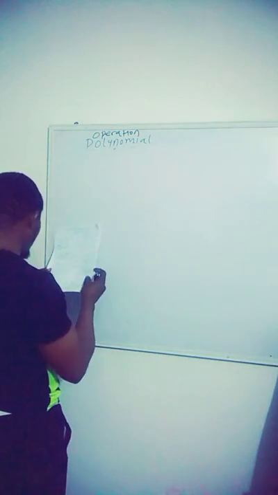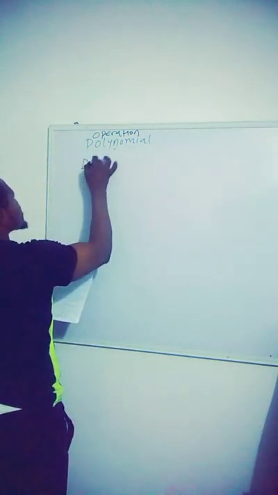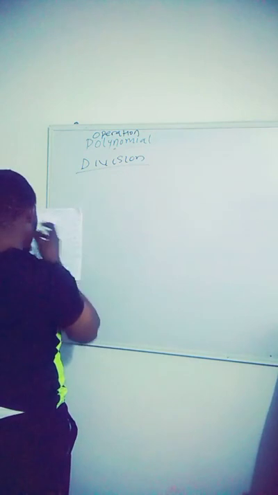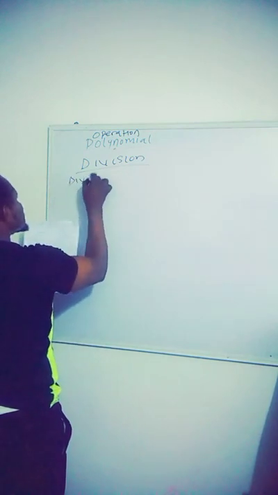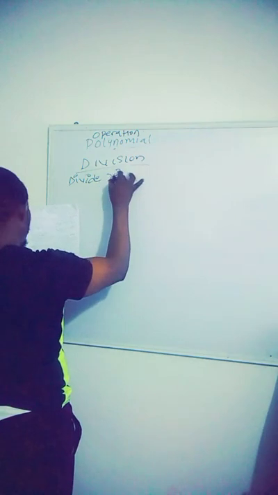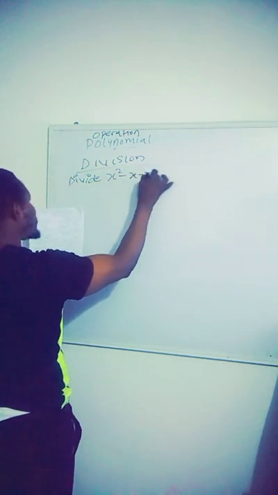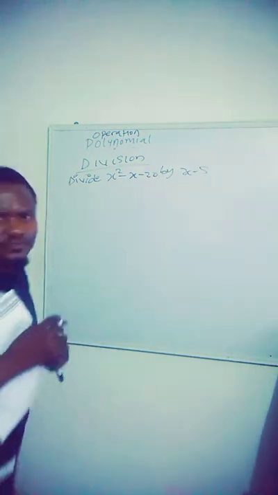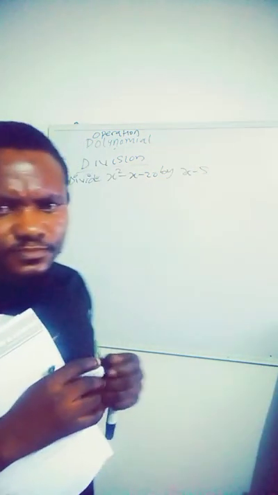We divide. We are doing division. Division of polynomial. Divide s squared minus s minus 20 by s minus 5. Let's go.